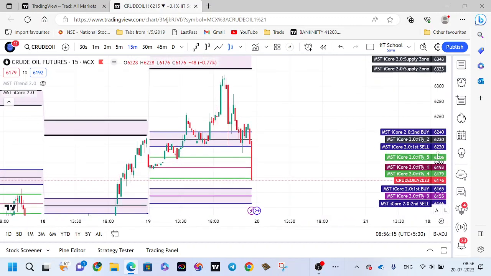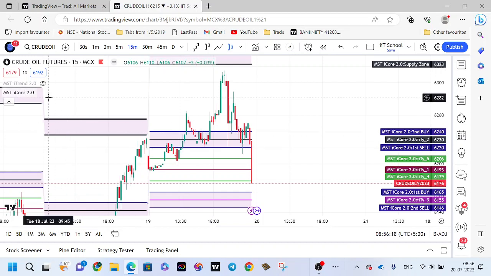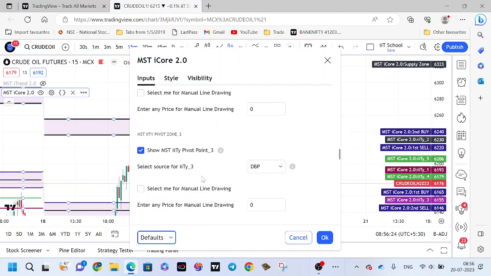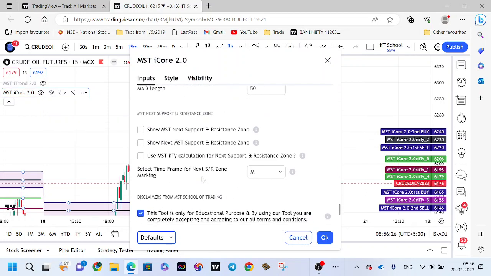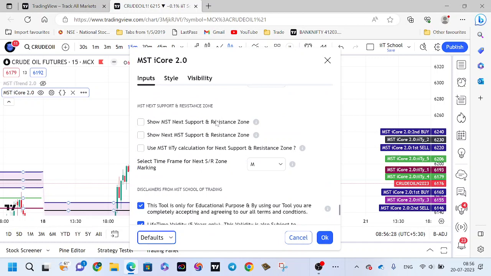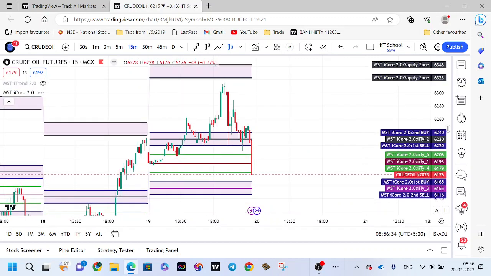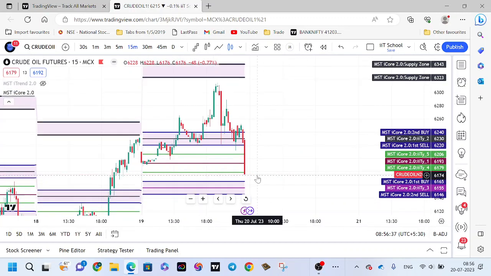See here, yesterday what happened. I will keep it in default settings. If you want, I can enable this for resistance and support. Yesterday what happened?